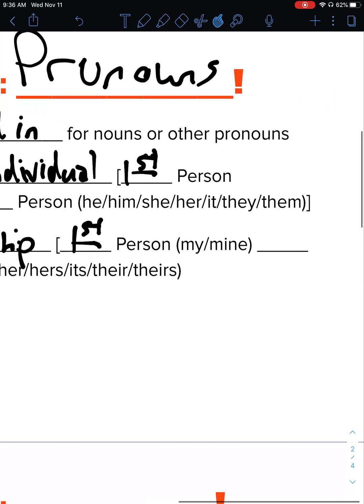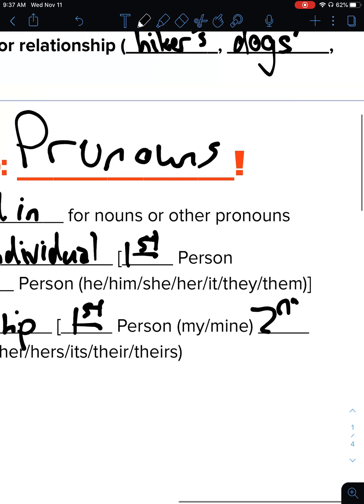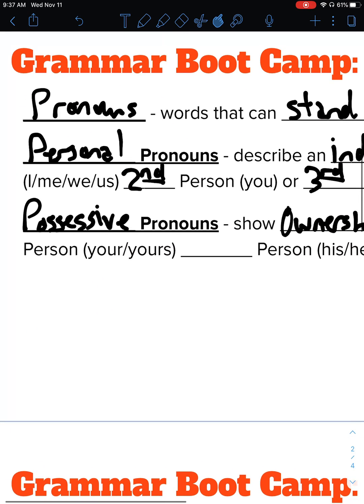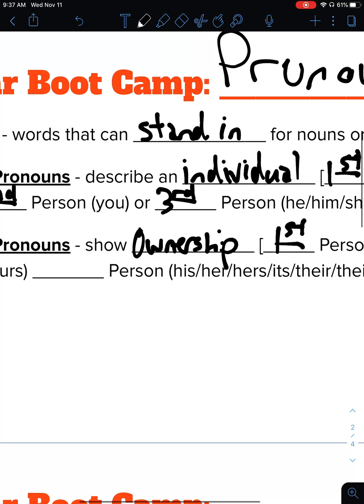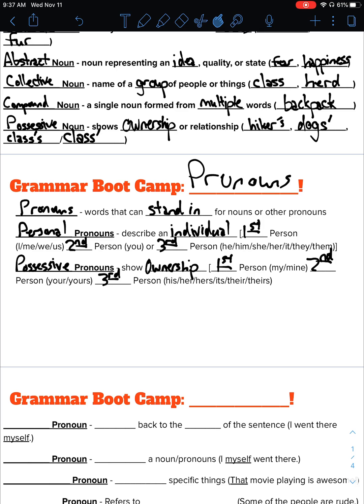Those are my and mine. We have second person, your and yours. And then we have third person: his, her, hers, its, their, theirs. Those are the possessive pronouns.